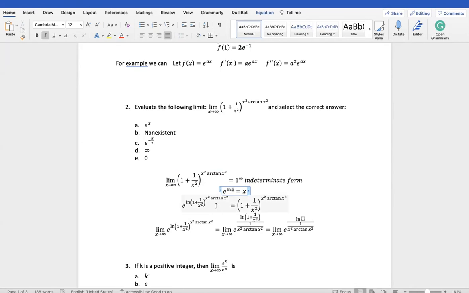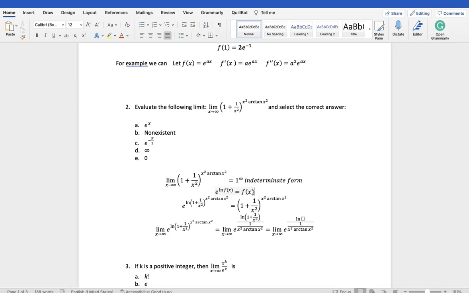So e to the ln of f of x is just equal to f of x. Okay, f of x can be any function, can be x, it can be x squared. As long as it's a function in x, this is correct.